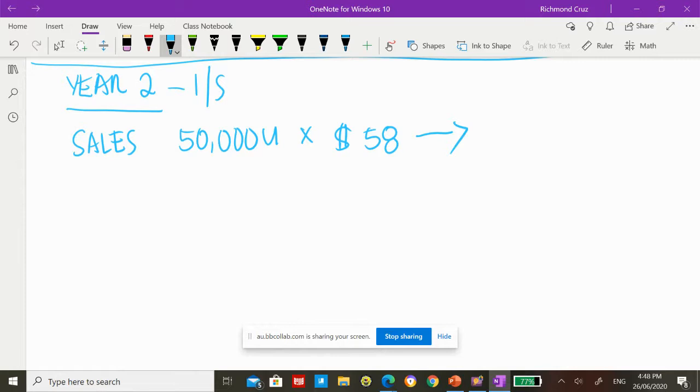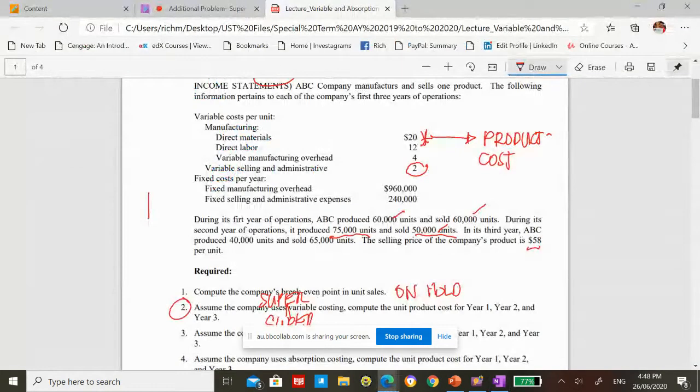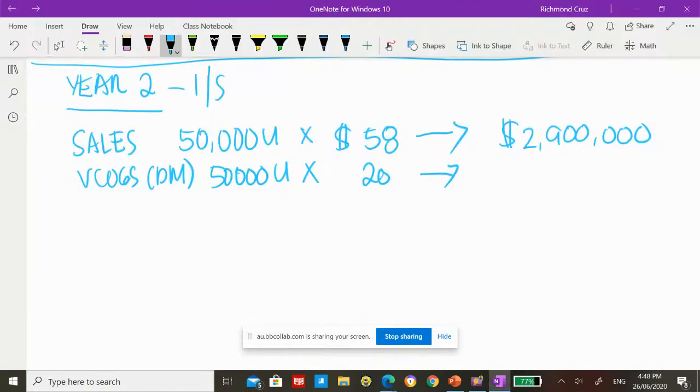So 50,000 times 58, so this is 2,900,000. Then we have the variable cost of goods sold, or the direct materials, and that is 50,000 units also multiplied by 20 because the direct materials is $20. So that is 50,000 times 20, so that is 1 million.